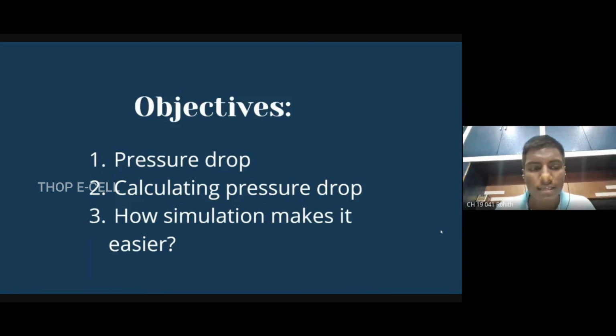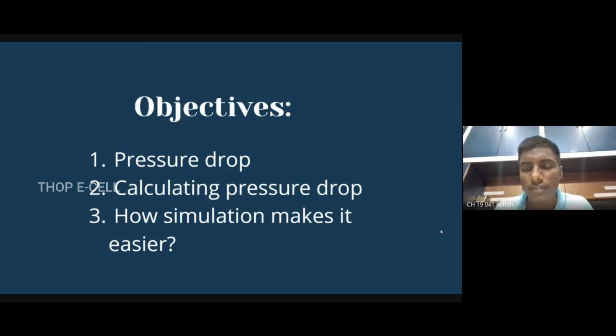So we need to calculate the pressure drop. Why calculate it? If you are able to calculate the pressure drop, you can estimate how much pressure you need to give at the initial stage, so that you can save money and save the fluid or gas you are giving as input, which in turn builds the economy. In the conventional way of calculating pressure drop, we use the Hagen-Poiseuille equation and the head loss equation.